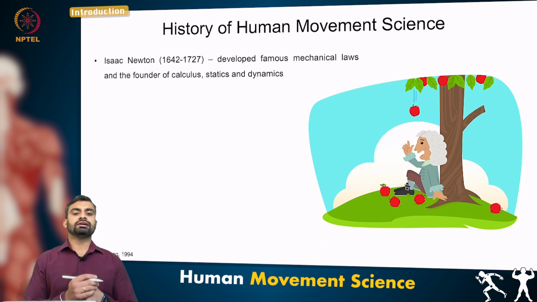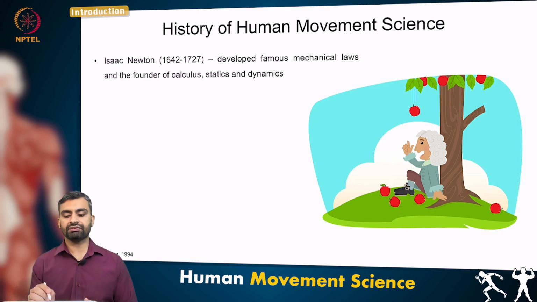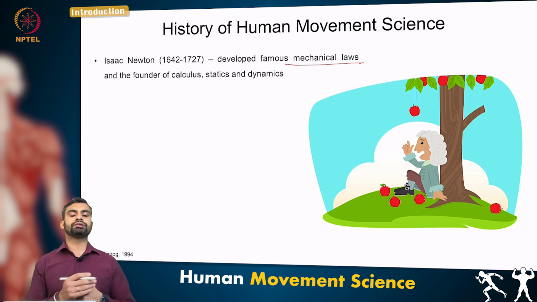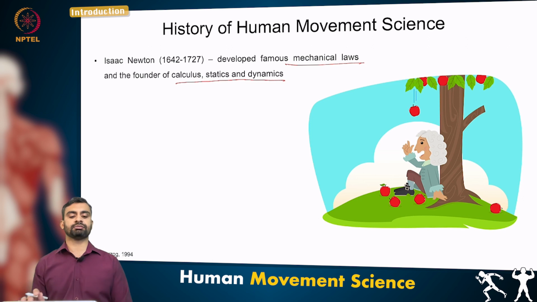Although, when Borelli looked at these things, Newton's laws were not yet known. Isaac Newton is very famous for his mechanical laws, which we call Newton's laws of motion, and he is also the founder of calculus, statics and dynamics.